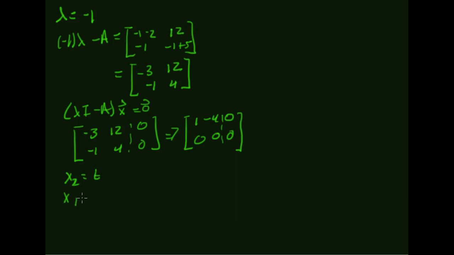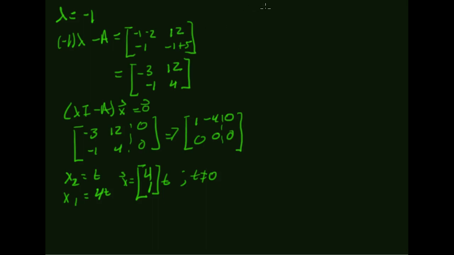That forces x sub 1 to be 4t, which means any vector in the form of (4, 1) times t, where t does not equal 0, is an eigenvector that corresponds to the eigenvalue -1.